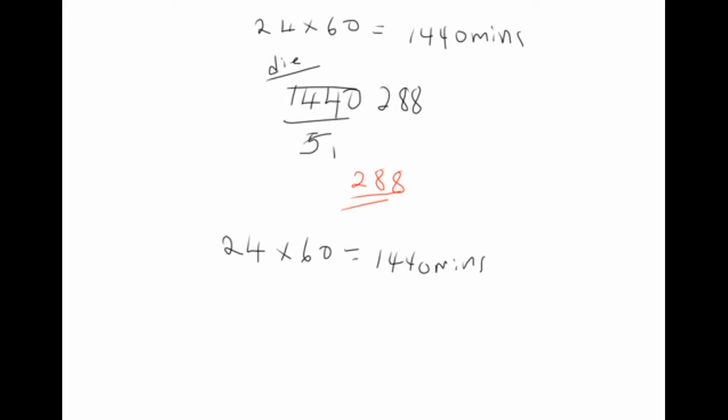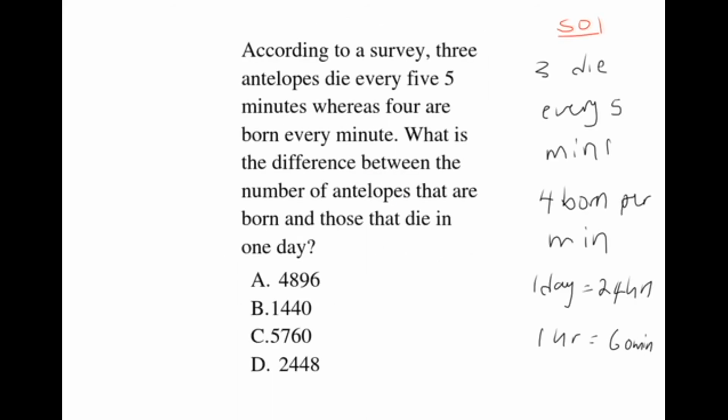Therefore, we shall have 1440 multiplied by 4. We get 5760. So 5760 are born.